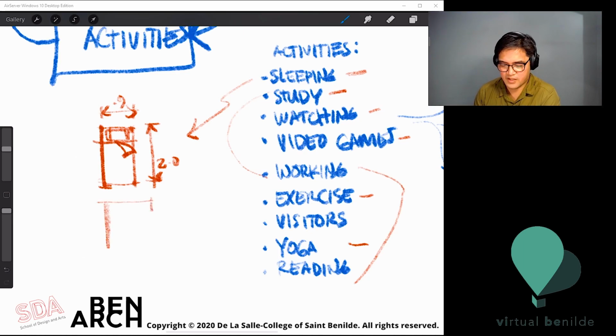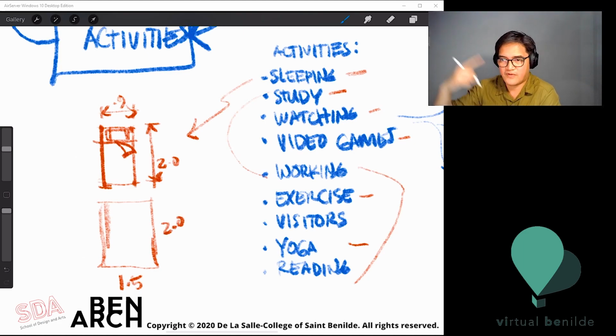But consider a bed which is slightly bigger, say 1.5 or 1.6 by 2 meters. A person is about 1.8 plus or minus, and when sleeping, it's the entire length of the person that should fit.